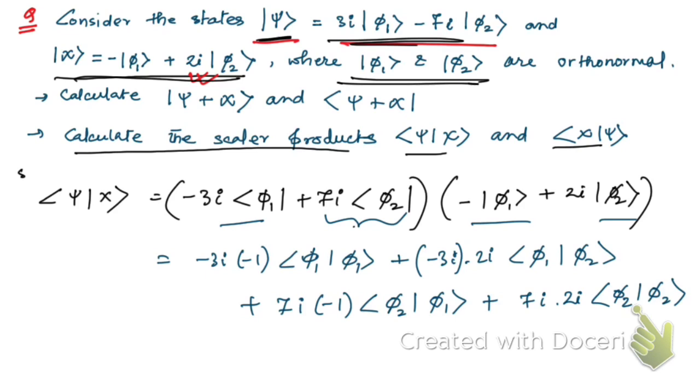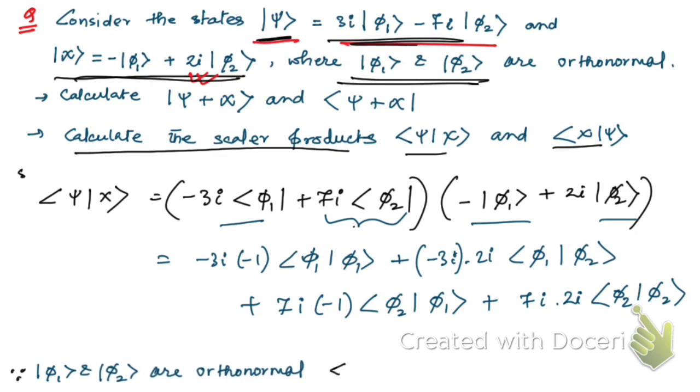Now you see, since these two vectors are orthonormal, they must satisfy the orthogonal condition, right? So their scalar product must be equal to 0.